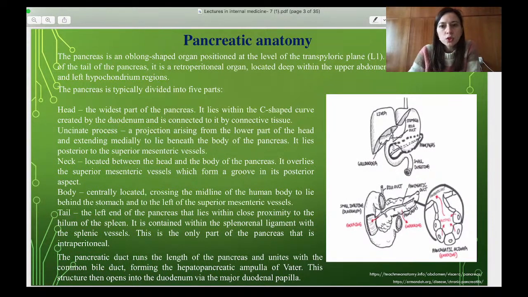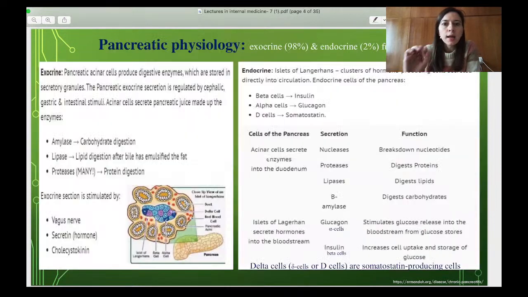And what about pancreatic physiology? It consists of 2 parts, endocrine and exocrine. Exocrine 98% and endocrine 2%. And what about exocrine function?